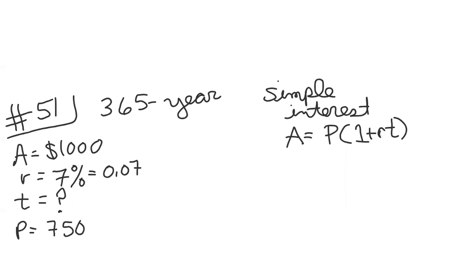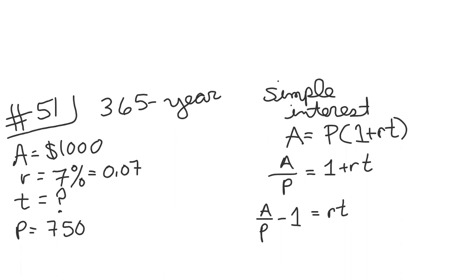So if we're going to solve for t here, right, we can divide both sides by P to have 1 plus rt, right? We can subtract 1 from both sides to have rt. And now we can divide both sides by r, right?